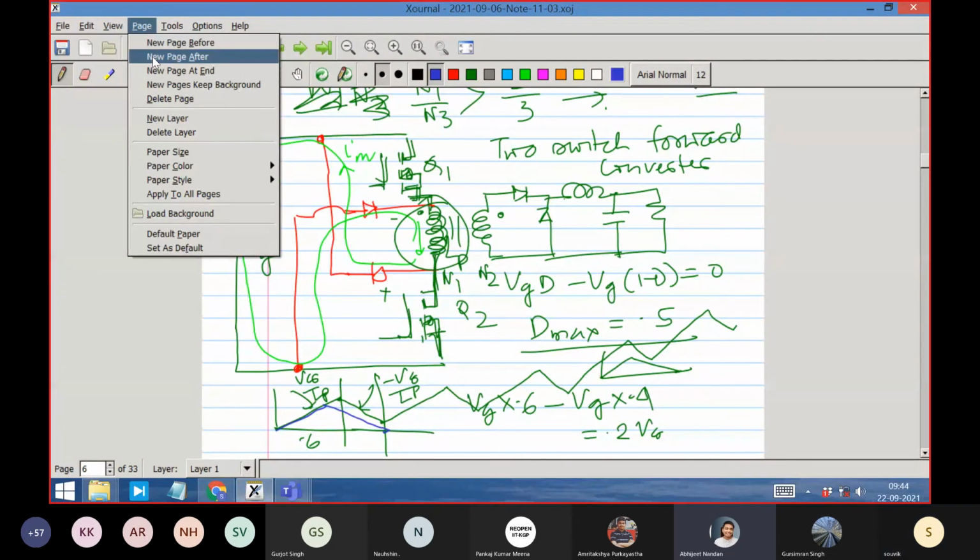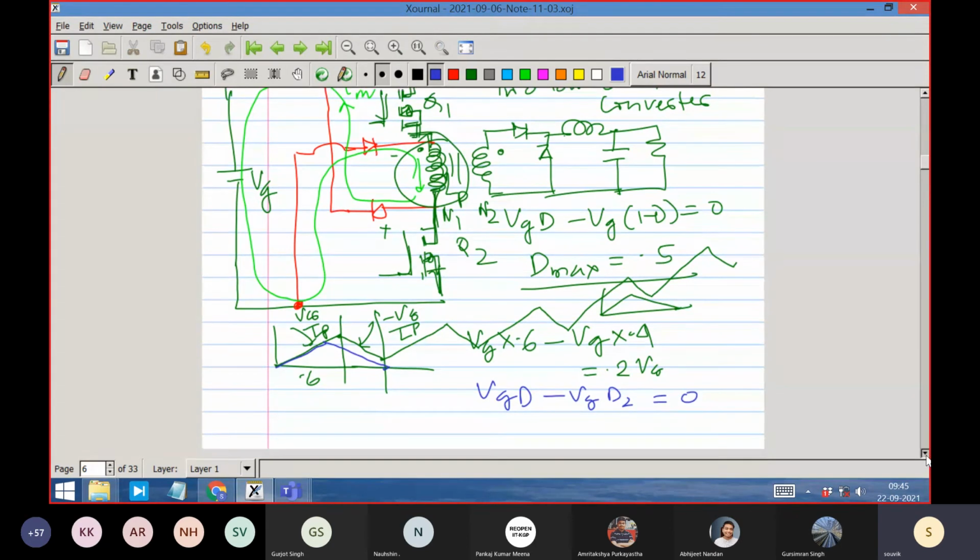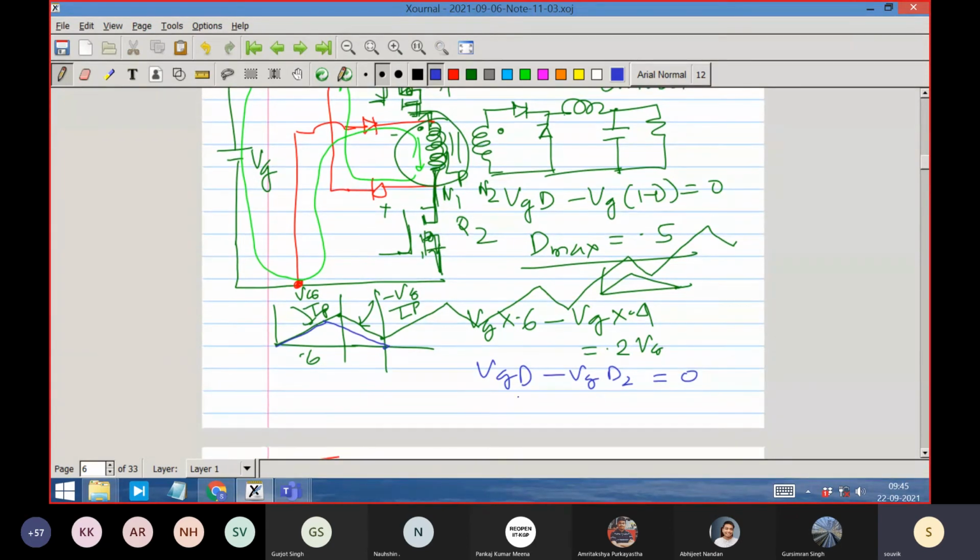Sir, why have you written D max equal to 0.5? Should it not be D equal to 0.5 to balance the volt-second equation of the transformer? Again, you are not getting the point. I should have written max here, but in general the volt-second balance has to happen: Vg into D minus Vg into D2 is equal to 0. That is the general condition. D2 is the off time. If D is less, D2 is less.